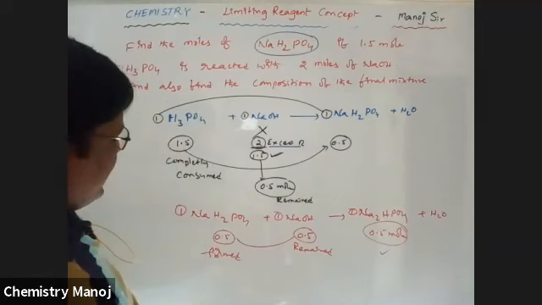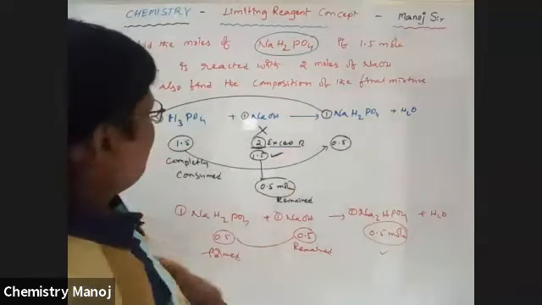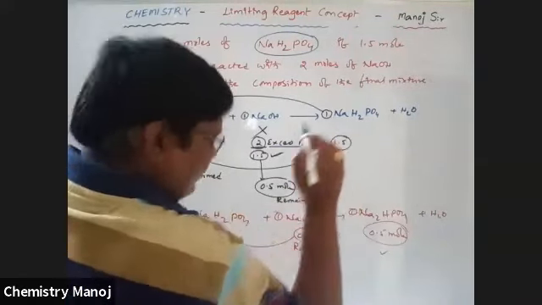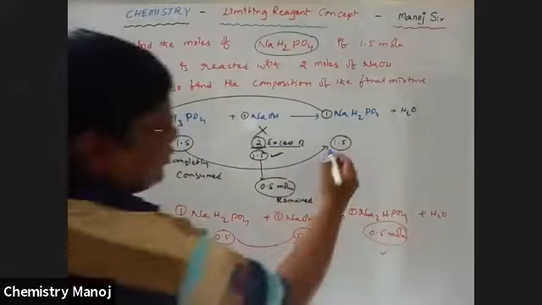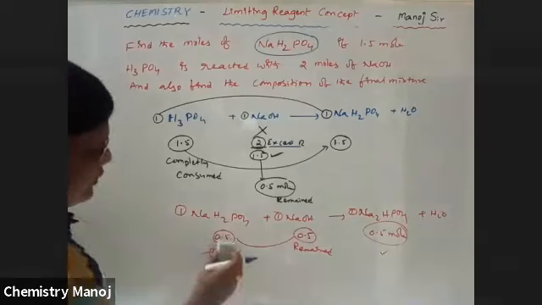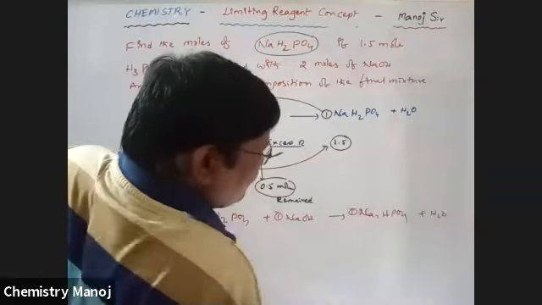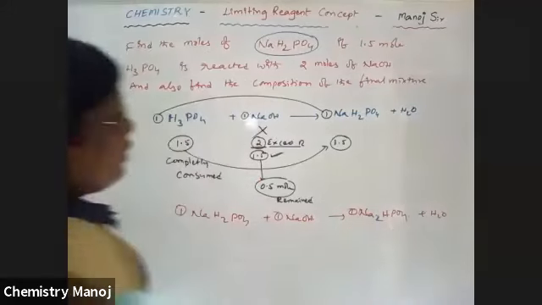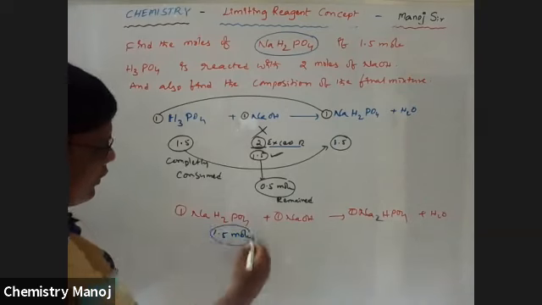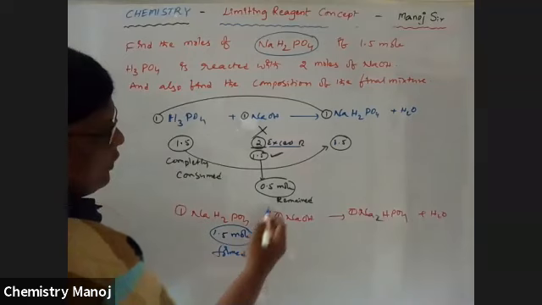See here, just a minute. 1 mole reacts with 1 mole, that gives 1 mole. So this forms 1.5 moles, not 1 mole. Once again, there is a correction. This 1.5 mole reacts with NaOH.